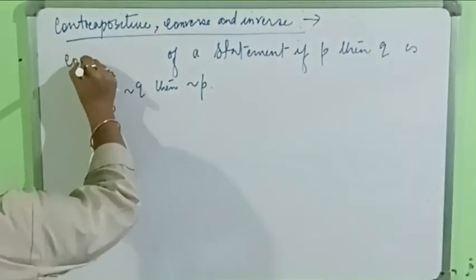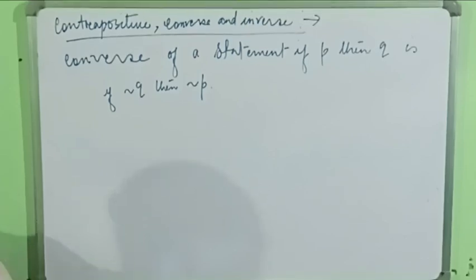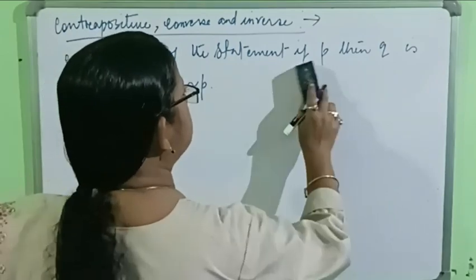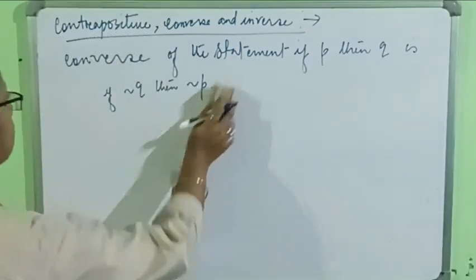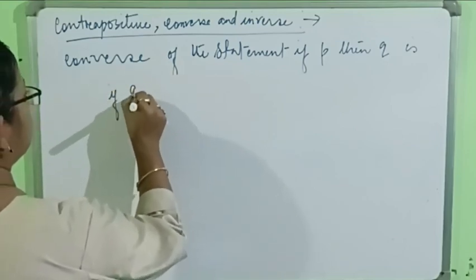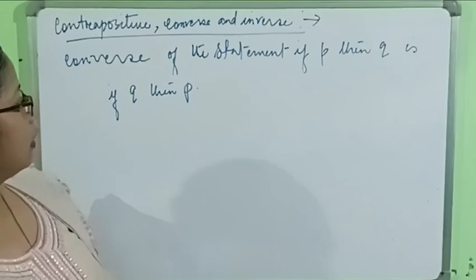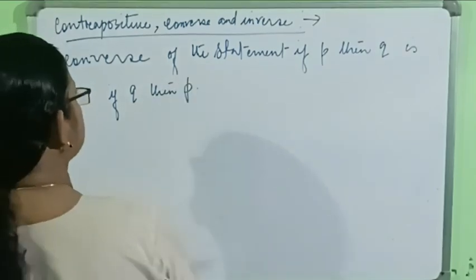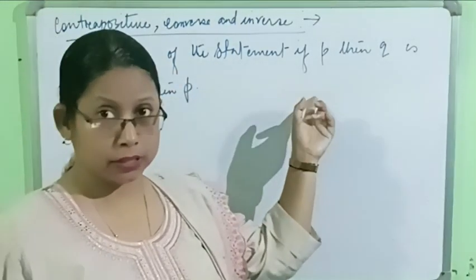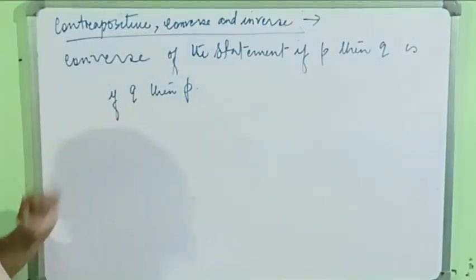The converse of the statement if P then Q is if Q then P. The rule for writing the converse of the conditional statement if P then Q is if Q then P.